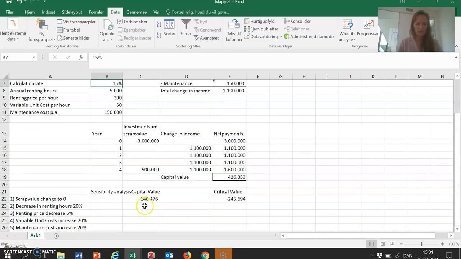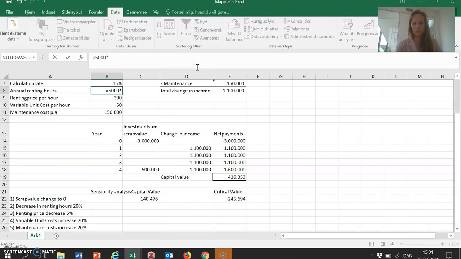So let's take a look at what happens if the renting hours is not 5,000, but the renting hours throughout the year would drop 20%. That could be through experience that the company has had, that they have this insecurity of 20%. They don't know exactly how many hours they can rent out the machine. So go up into the data area and write equal sign and let number of renting hours drop 20%.